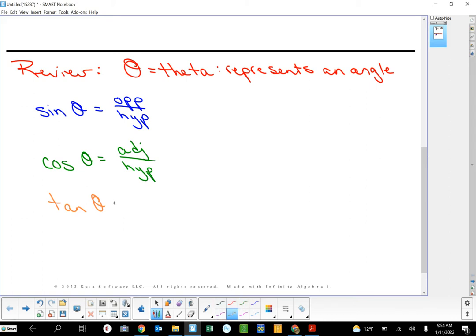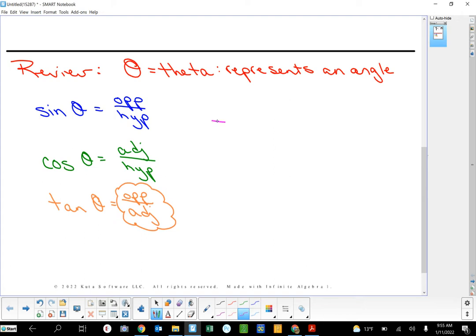And tangent of theta is opposite over adjacent. And then the other thing that you need to know, so what you're going to have here is you're going to know the entire fractional part. So you're going to know the two sides. The only thing changing here is what you're going to use in the calculator.